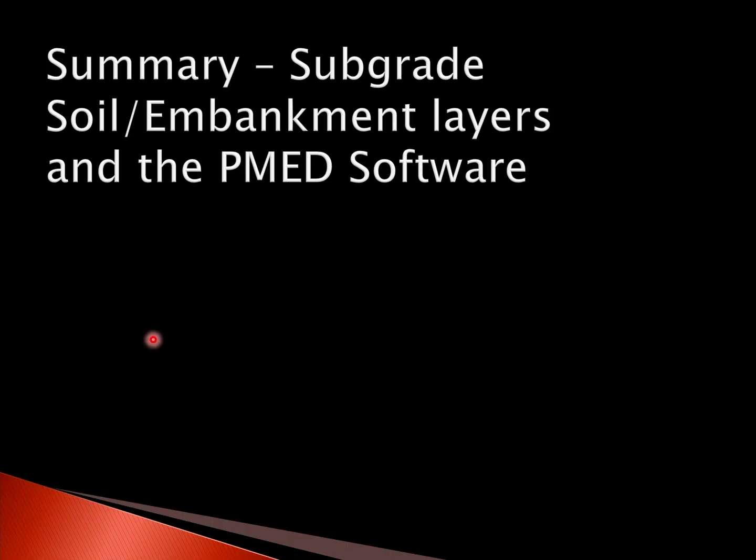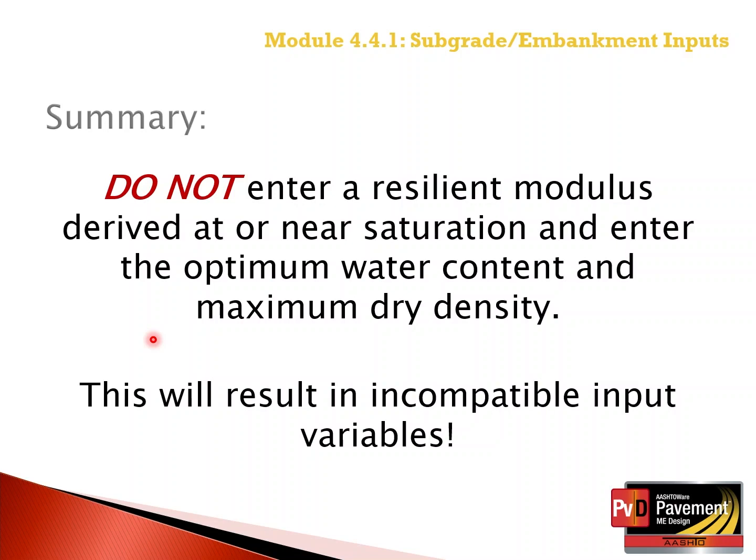So in summary, for the subgrade soil and embankment layers in the pavement ME software: do not enter a resilient modulus derived at or near saturation and enter the water content and maximum dry unit weight. This will result in incompatible input variables.